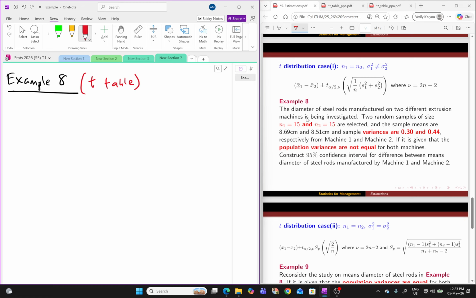For T distribution, the formula depends on the condition. Okay, these are the first condition. All will be given in the final.